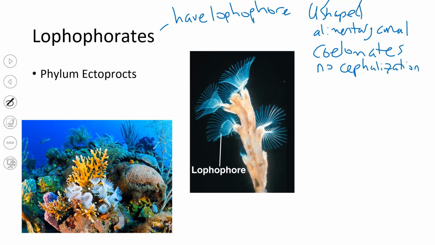These are things that you wouldn't even necessarily think are animals because they don't look like a stereotypical animal. The ectoprocts just kind of look like a moss. They look like a moss, but they're not a moss. They are aquatic, and a lot of them have a hard skeleton, so they're important in coral reef ecology.